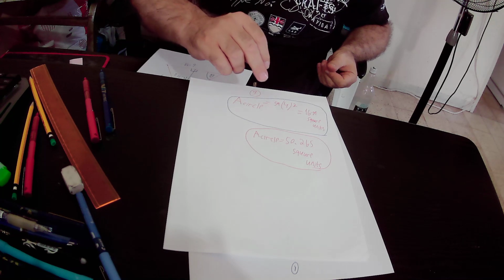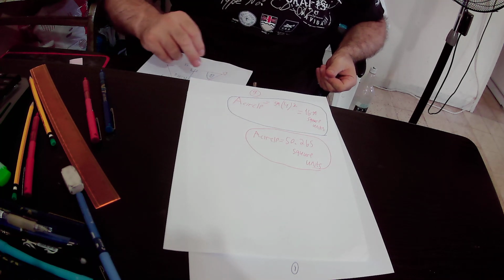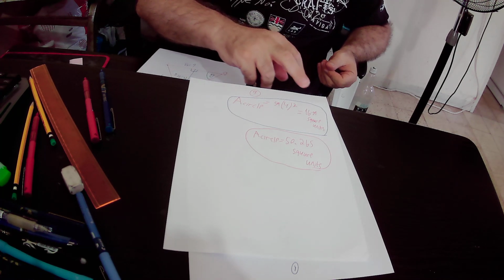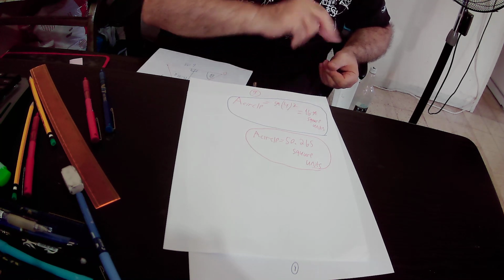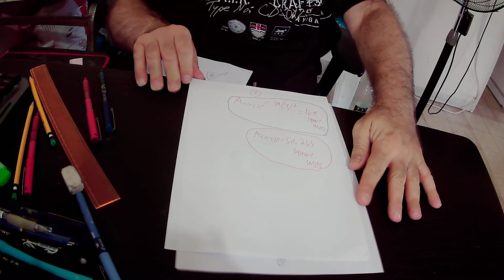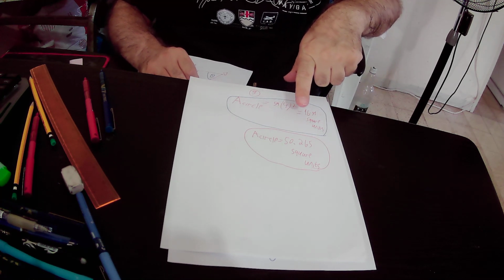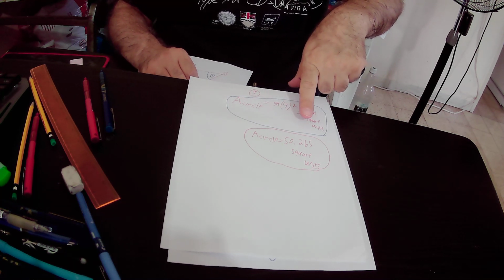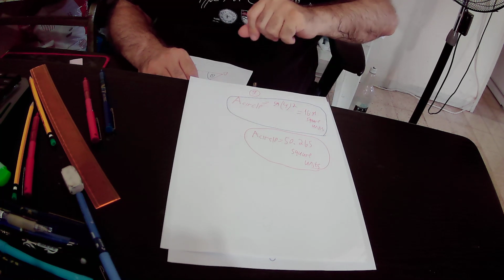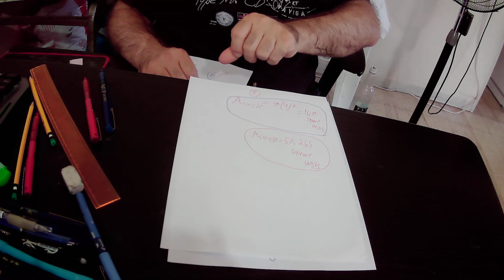Pi times 4 squared equals 16 times pi square units, or in terms of numbers, the area of the green circle equals 50.265 square units. Okay?